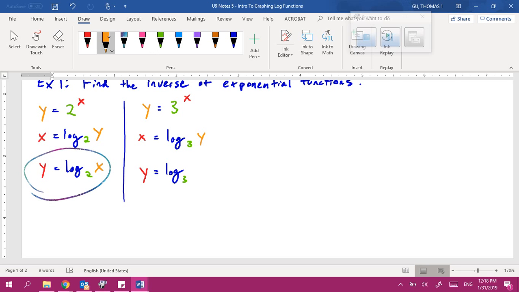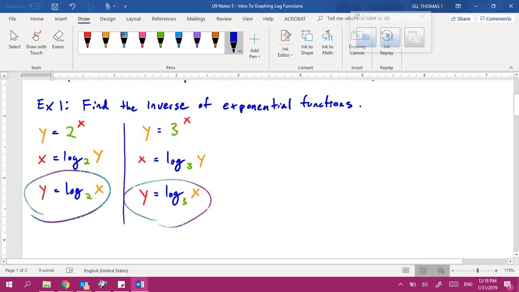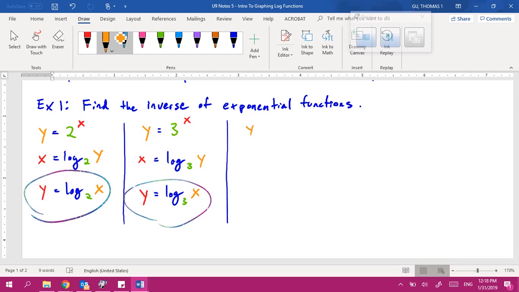Right, log base 3 of x. There you go. All right, what if we had y equals 1/2 raised to the x? What is our first step here?